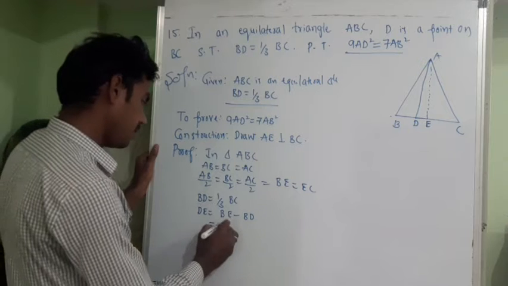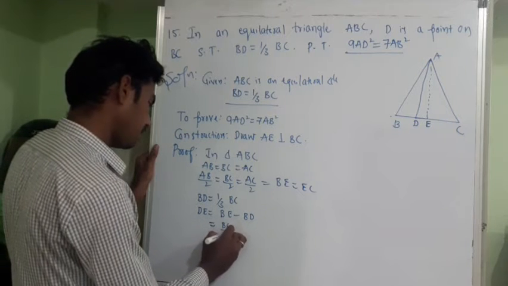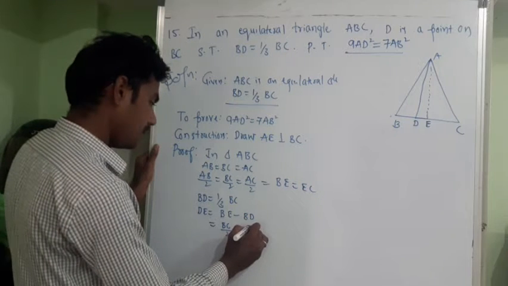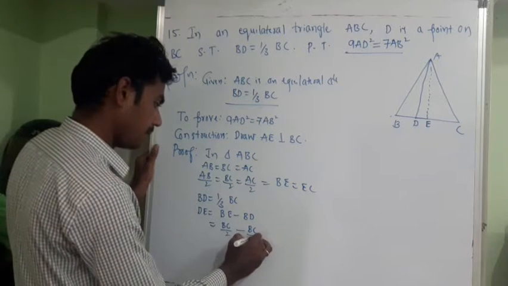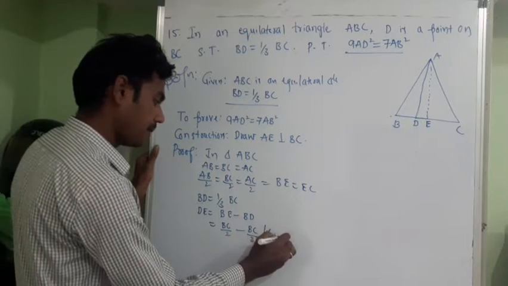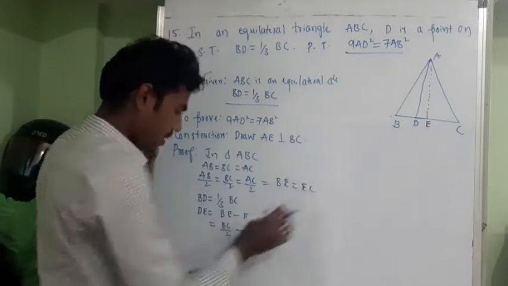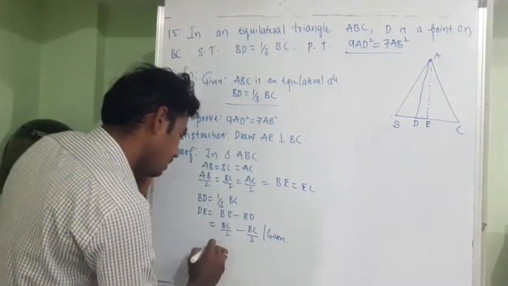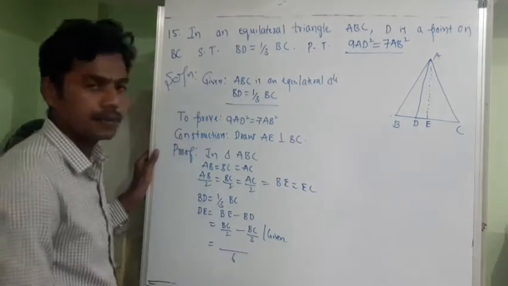BE is nothing but BC by 2, minus BD, which is BC by 3. What is the LCM? 6 is the LCM.